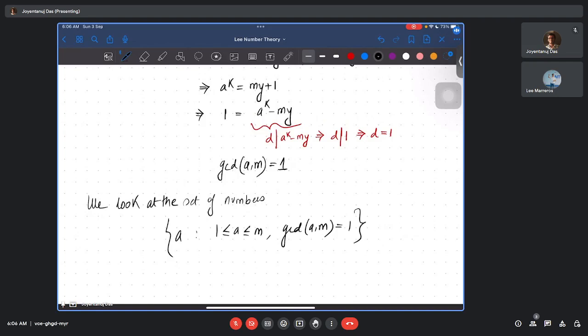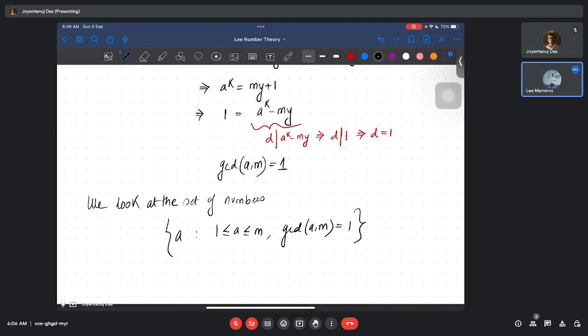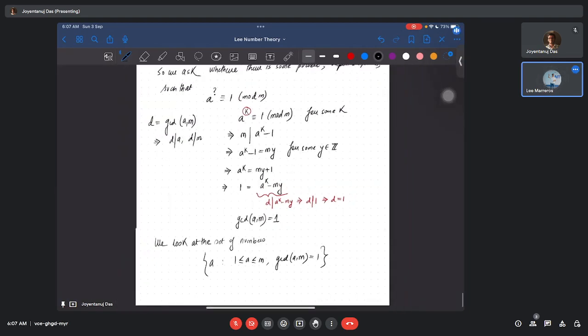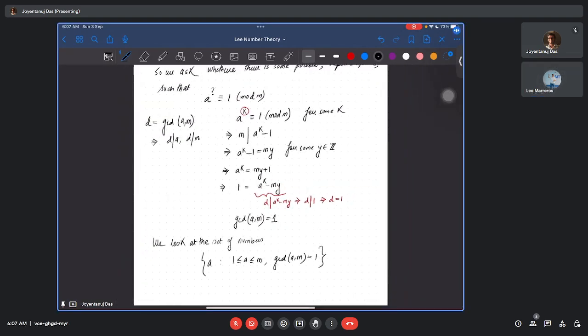This is the condition needed. That is what we observed till now: if we have to find some value of k that only depends upon m, such that a power k is 1, the first condition is that a must be co-prime with m. So the GCD of a and m should be 1.